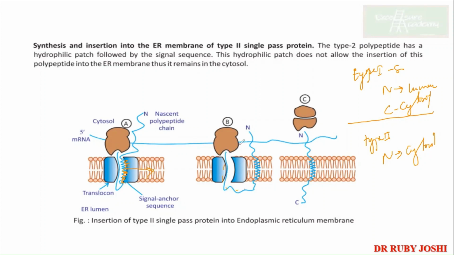The moment the entire mRNA has been translated, the translocon will translocate this portion into the lumen. So that's how you have your C terminal in the lumen and the N terminal in the cytosol. Did you see the difference in the figure? Are you able to imagine how exactly these proteins are getting inserted into the membrane?